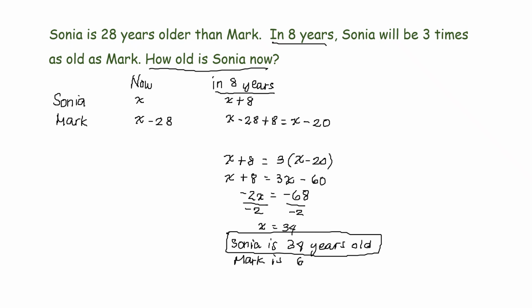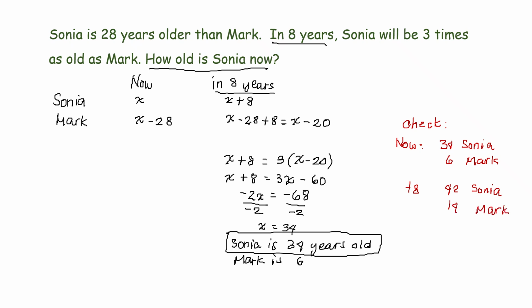Okay, let's check it right here. Now Sonia is 34. That's Sonia's age. And Mark is 6. In 8 years, meaning plus 8, Sonia is 42 and Mark is 14.